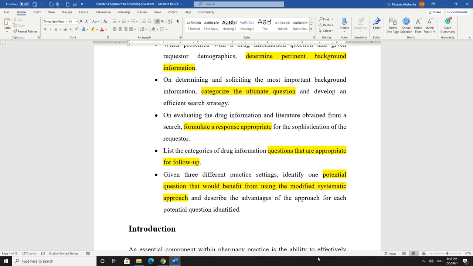One is the systematic approach to receive the question and answer it, and the other one is the modified systematic approach. I'm not talking here about the specific item. If you remember, we start with tertiary, then secondary, then primary. I'm talking here about how to handle questions from the requester.